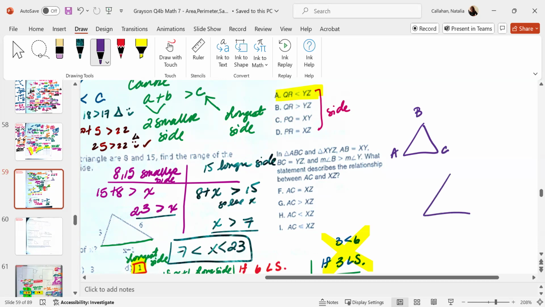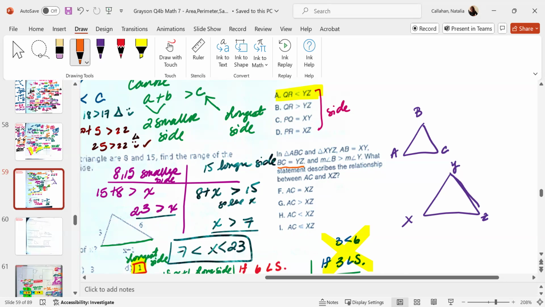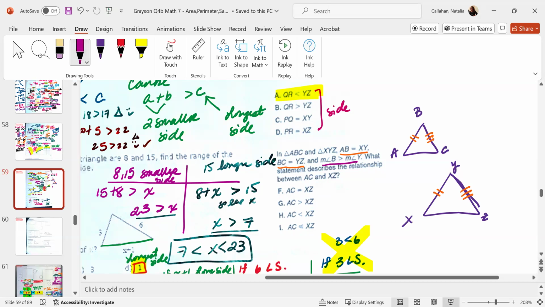And then another triangle, X, Y, Z. It tells you that AB is equal to XY, BC is equal to YZ, and angle B is greater than angle Y.